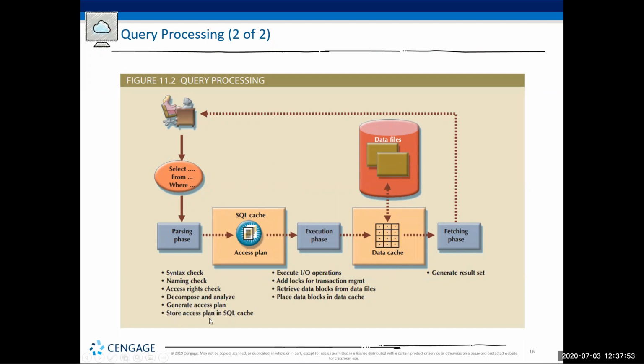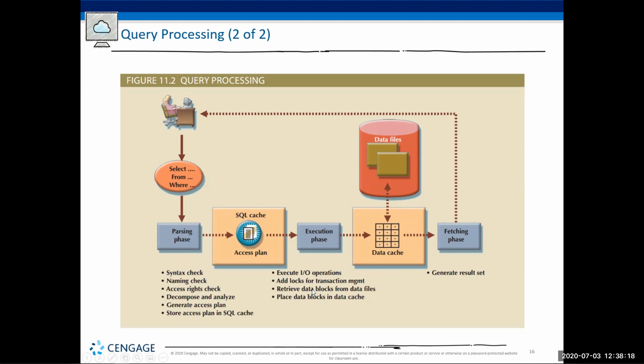And then you will send the plan or store the plan in the cache for the database engine. Once I have a SQL access plan inside the SQL cache, the database will know I need to execute that plan. So then you go into the execution phase where you actually run it. It does all the input and output operations. It adds the locks.